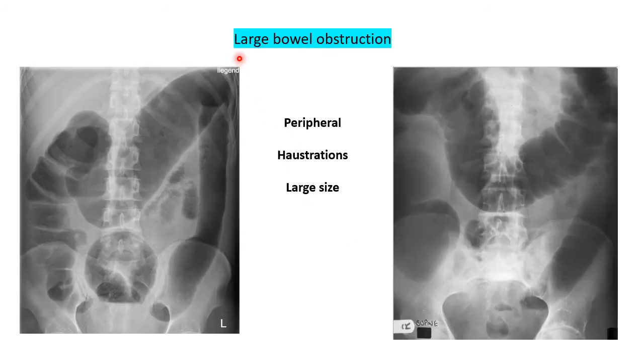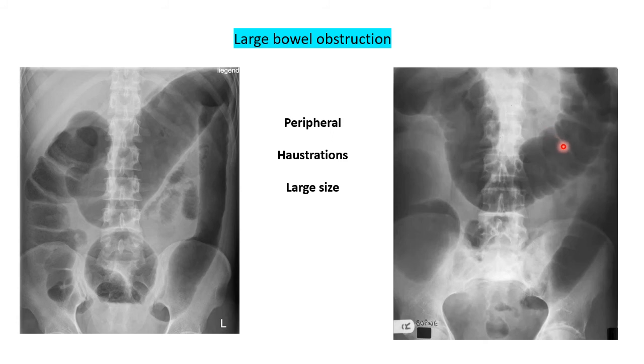Whereas this patient's X-ray shows large bowel obstruction, where the distended large bowel occupies the periphery of the abdomen. It runs along the periphery, right side, left side, and the transverse colon. They are much bigger, distended, and they also have mucosal folds known as haustrations, but these haustrations are incomplete.